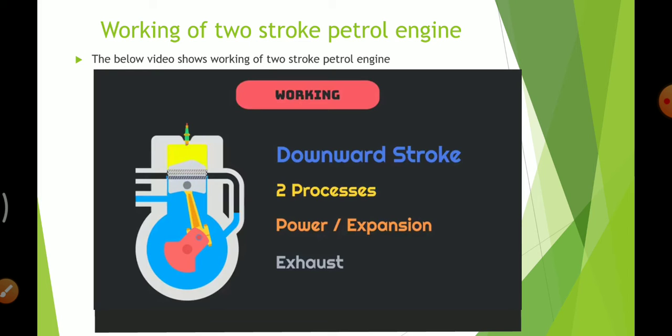With further movement of the piston from TDC to BDC, it covers the inlet port, which means the fresh charge entering the crankcase is cut off. After the fuel is ignited in the cylinder, the high temperature and high pressure gas pushes the piston downward. That is called the power stroke, from TDC to BDC.